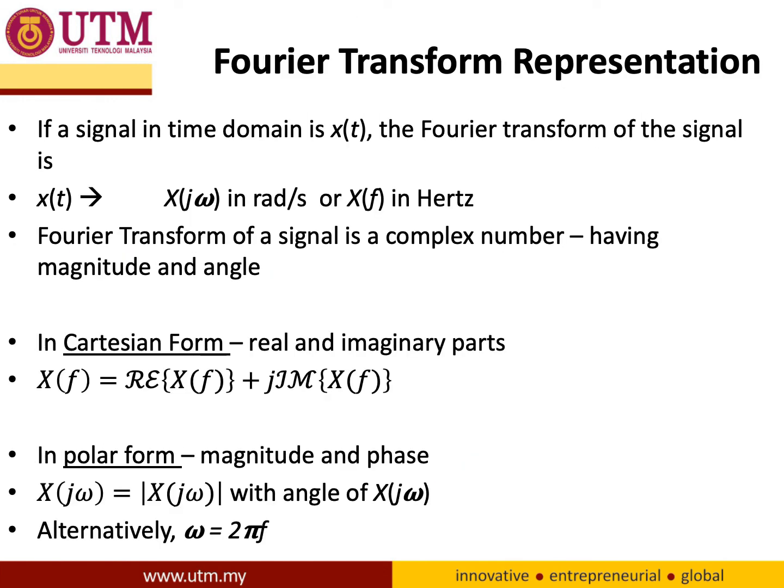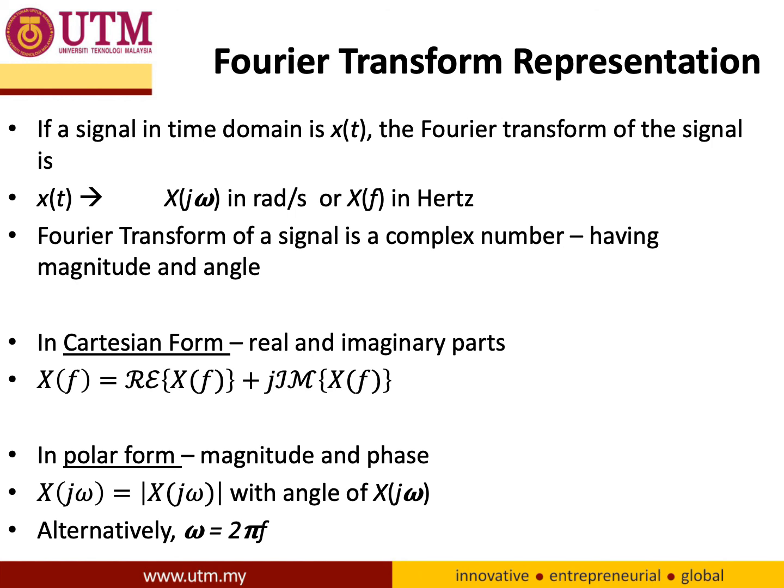Now let us look at the Fourier transform representation. If a signal in time domain is x(t), the Fourier transform of the signal is capital X of j omega in radians per second, or capital X of f if it is in hertz. Fourier transform of a signal is a complex number having magnitude and angle. It can also be written in Cartesian form, which includes real and imaginary parts.